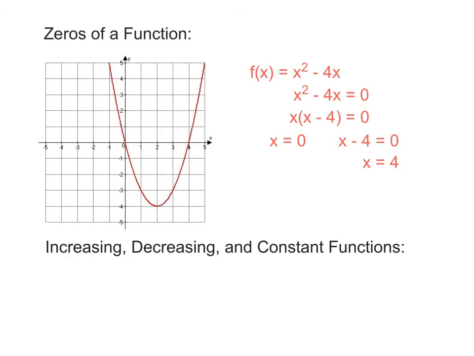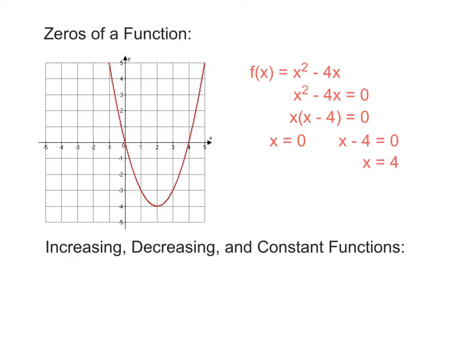Now let us talk about increasing, decreasing, and constant functions. Using the previous example, we can see that from x equals 2 on out to more positive values of x, so from 2, any value of x greater than 2, the function is increasing. In other words, the f of x value or y value is going up.